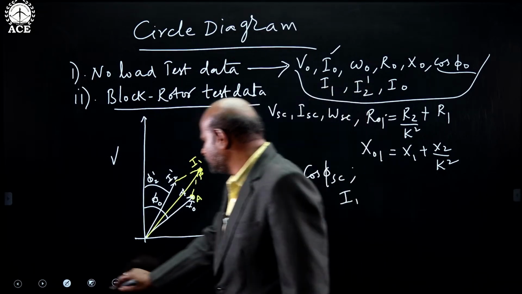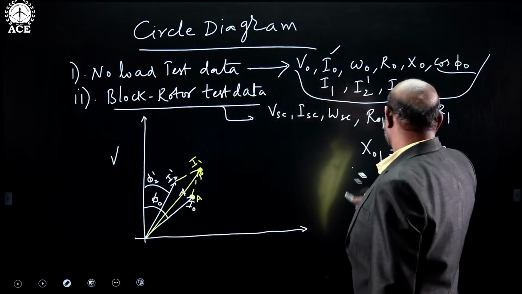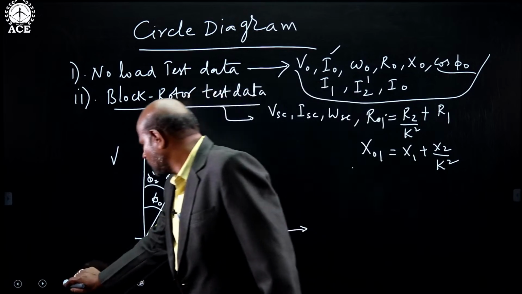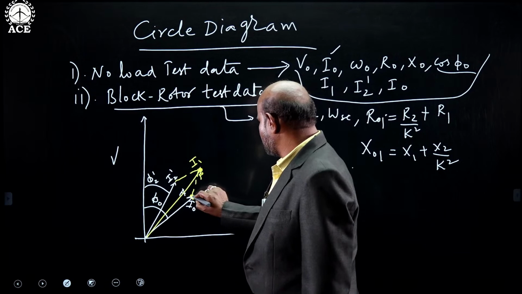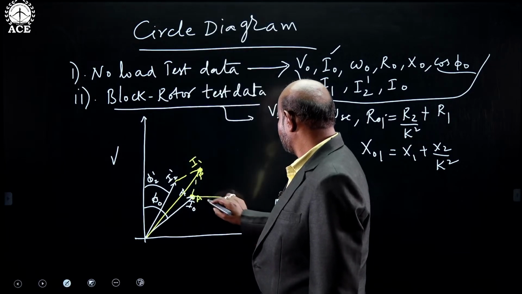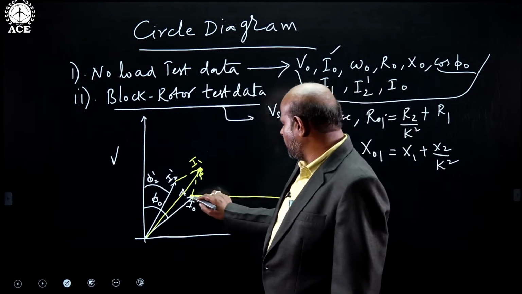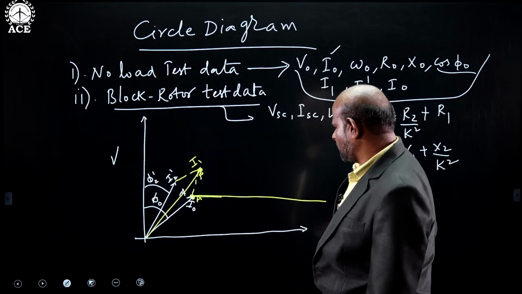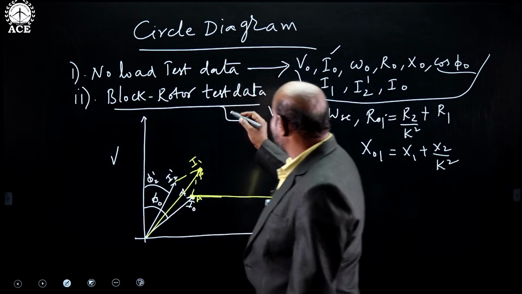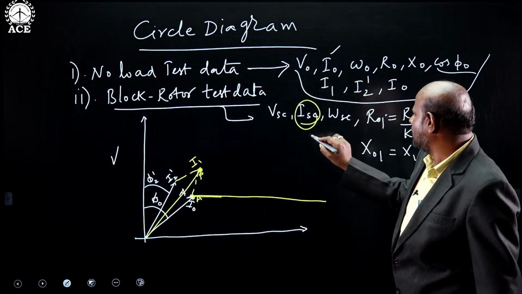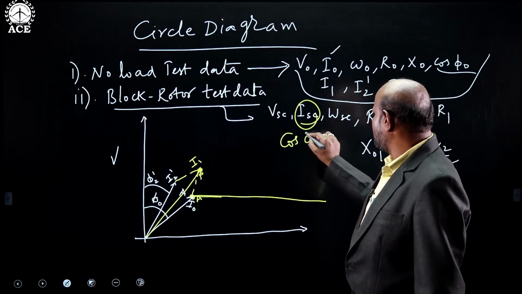Now, let us draw a line parallel to the x-axis. From A we have drawn a line parallel to the x-axis, and also from the block rotor test there is the short circuit current which is making an angle of phi SC.